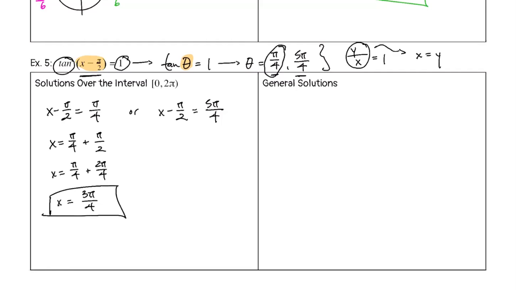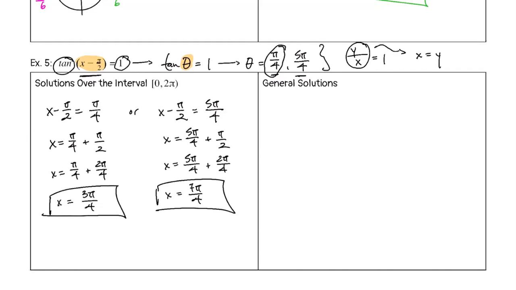The second one, well, we're going to do the same thing, except instead of taking pi over 4 and adding pi over 2, we're going to take 5 pi over 4, and we add pi over 2. And so that's going to give us 5 pi over 4 plus 2 pi over 4, which should give us 7 pi over 4. Okay.